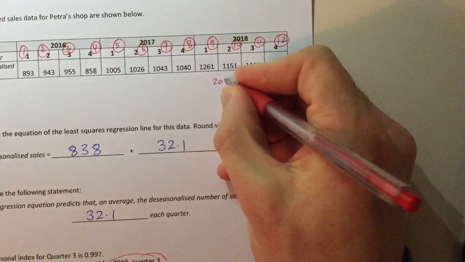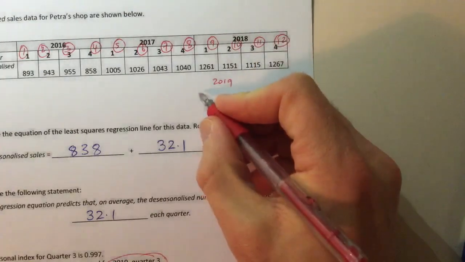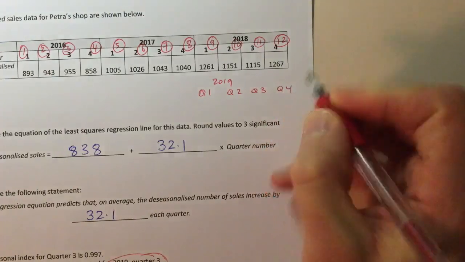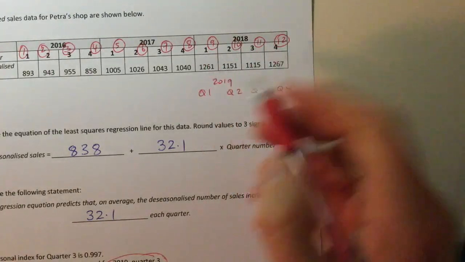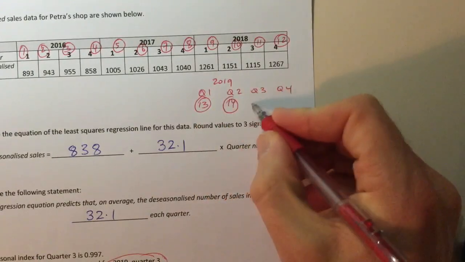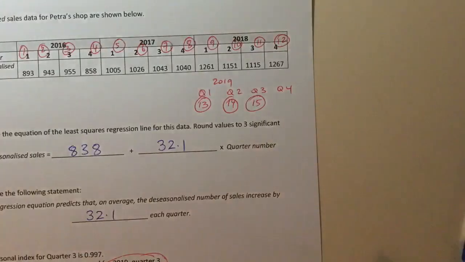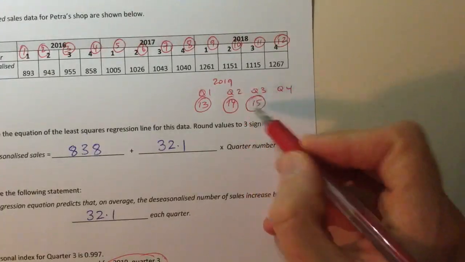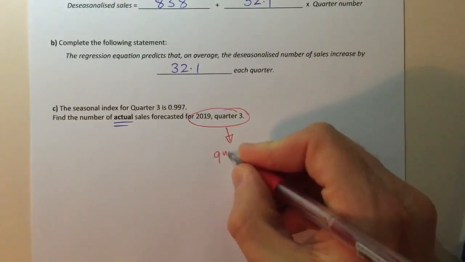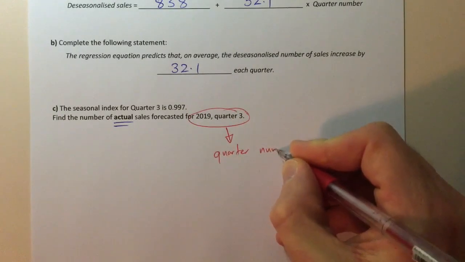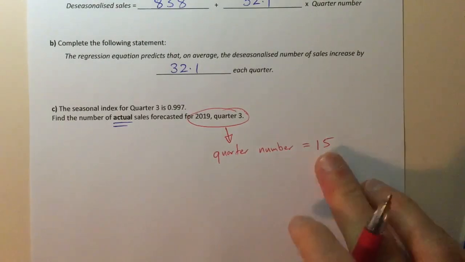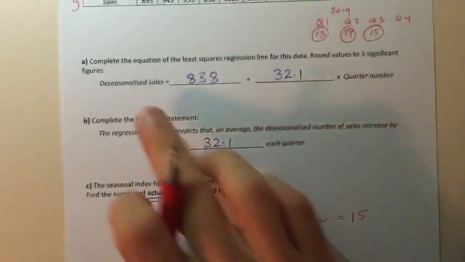Well, 2019 quarter 1, quarter 2, quarter 3, quarter 4, if we were continuing our counting, this would be 13, this would be 14, and quarter 3, which we're interested in, would be 15, right? Quarter 3 of 2019 would be the 15th quarter overall. So this would be quarter number 15, right? And that's the value that we're going to have to substitute into our equation to start things off.